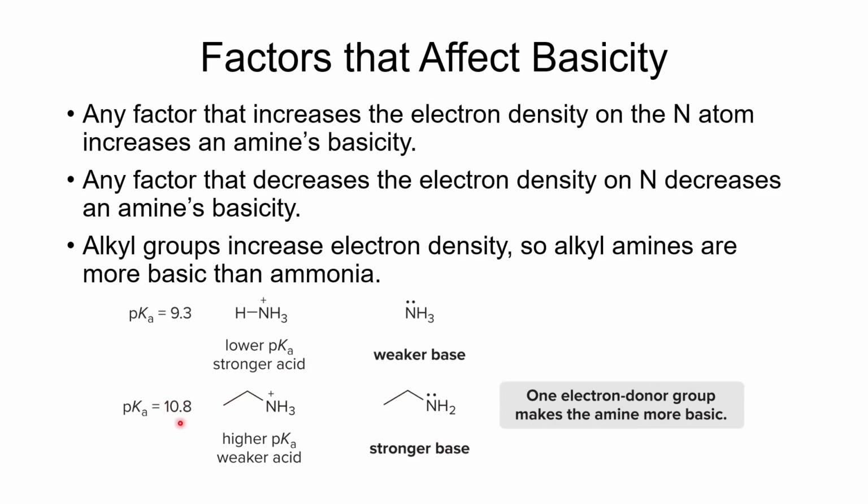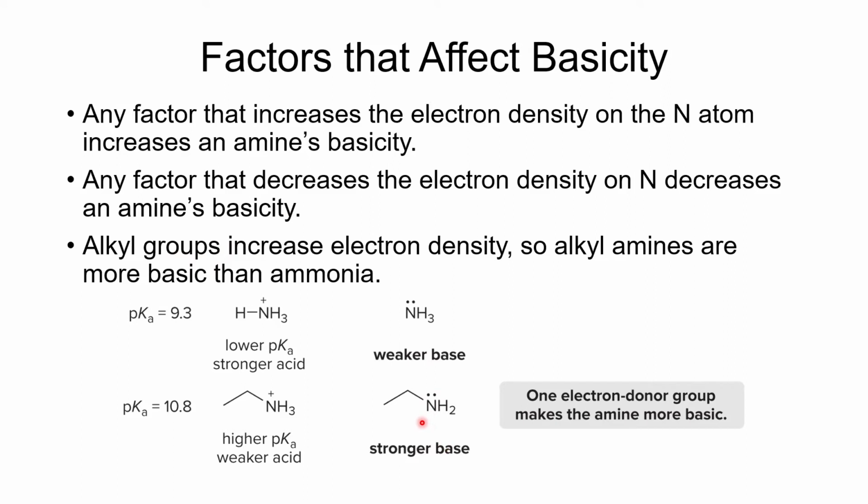It has a pKa of 10.8, which means that this is a weaker acid than the ammonium ion. But that means since this is a weaker acid, ethylamine is a stronger base. So by putting an alkyl group on ammonia, we turn it into a stronger base. That's because alkyl groups are electron donating. So alkyl groups donate electron density to whatever they're attached to.